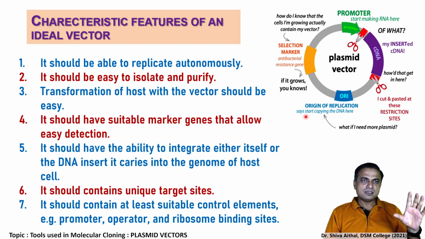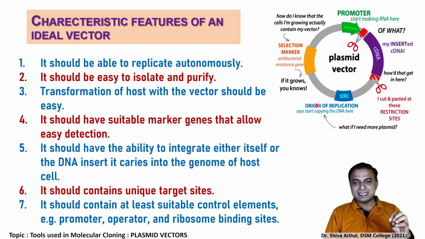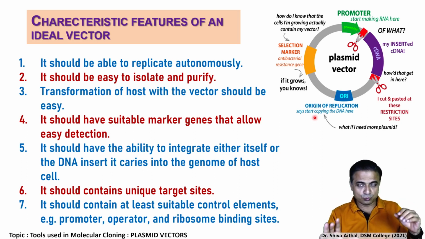The fifth characteristic feature is that it should have the ability to integrate either itself or the DNA insert which it carries into the genome of the host cell. That is, an integrative type of replication must be there, not abortive.